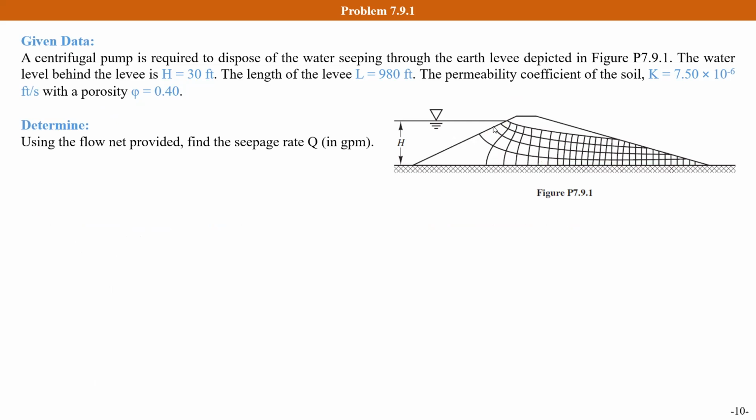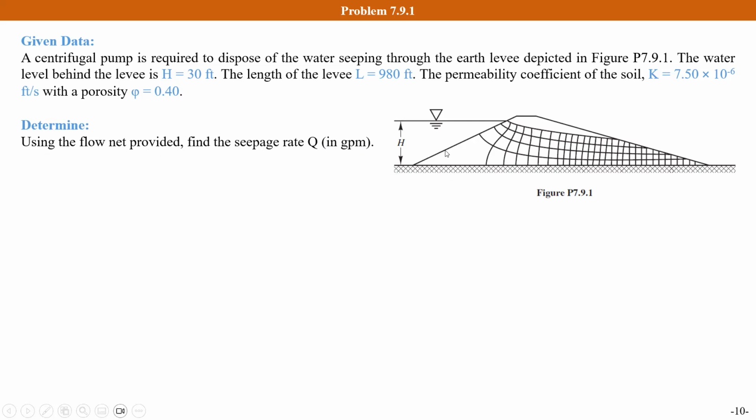The permeability coefficient of the soil, K, equals 7.5 times 10 to the power of -6 feet per second, with a porosity phi equal to 0.4. We need to determine the seepage rate, Q, in gallons per minute using the flow net provided.